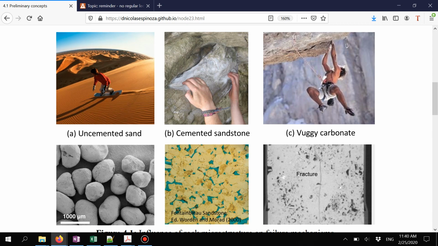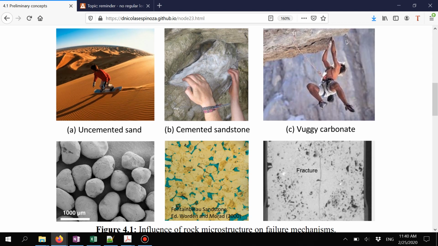In the case of a cemented sandstone, failure is going to be related mostly to the failure of the cement at the contacts between the grains, and as opposed to that, in a carbonate, like in this example, this vuggy carbonate, the failure is going to be mostly composed of fractures that link pores. So the failure behavior is going to change quite a bit depending on what kind of material we're dealing with.